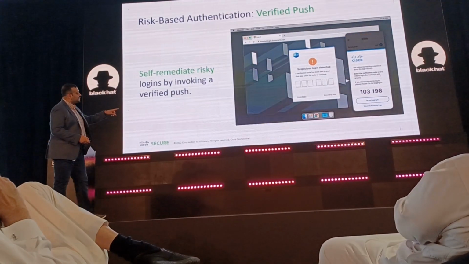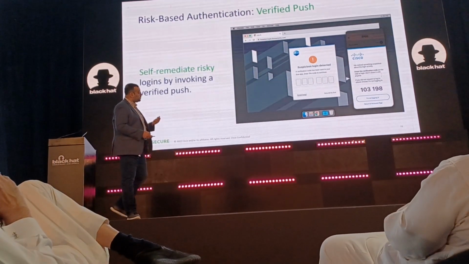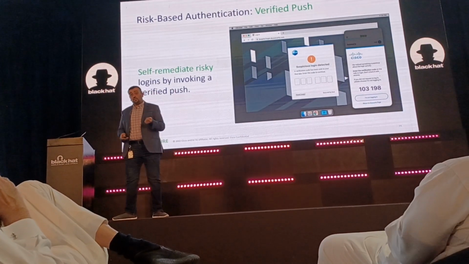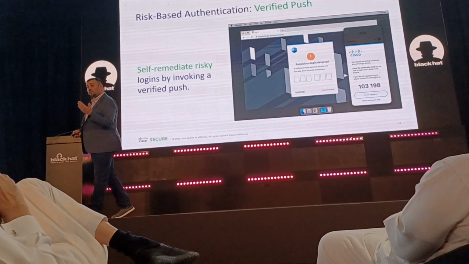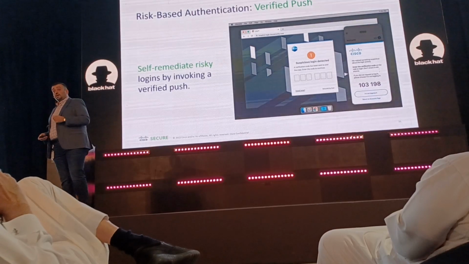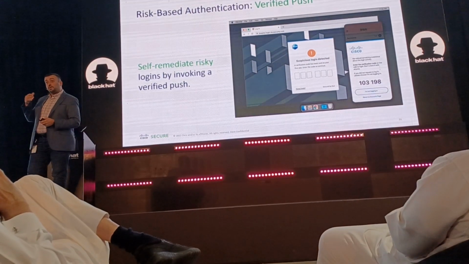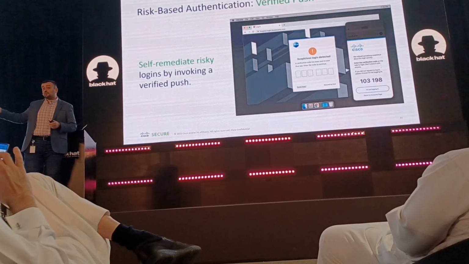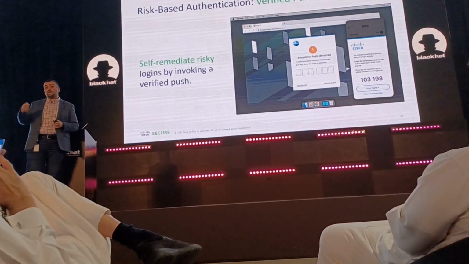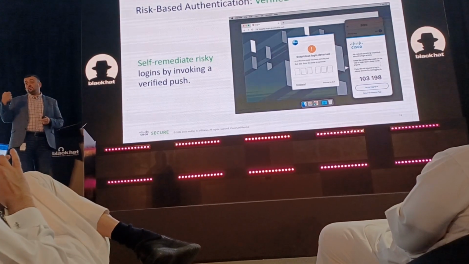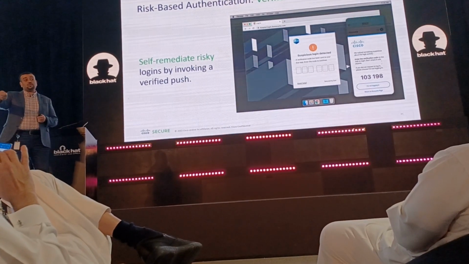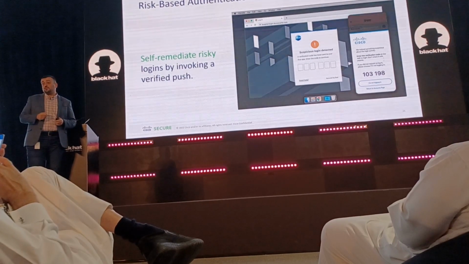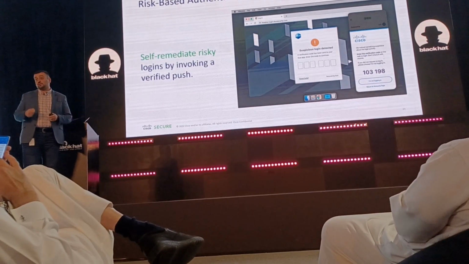You need to enter the code that you have on the screen in order to get access. If you are connecting from a public Wi-Fi network outside the country, then we can change it so that you need to scan a barcode and enter a verified push or a token in order to authenticate.